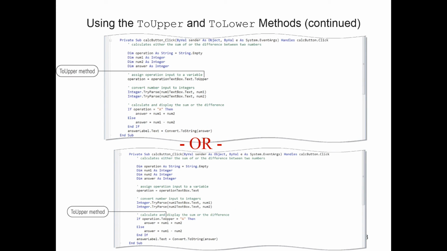Or if you just want to temporarily change it, you go to the second option, where beside the if statement, in the condition, you just temporarily change whatever is in the operation variable to uppercase, and then just compare it, and that change will go away. So these are two ways of doing the same thing.